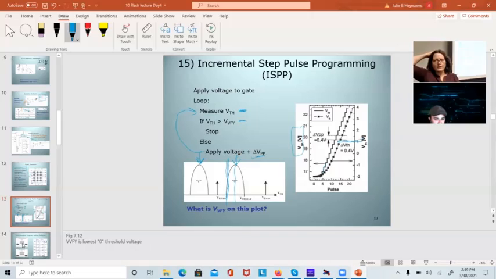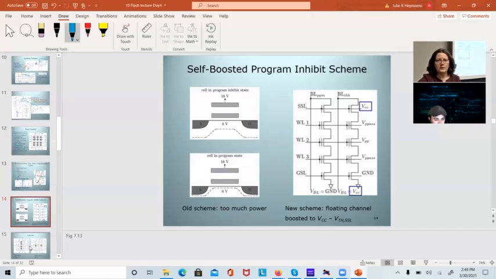It takes a long time, and this is part of the reason why Flash takes so long to write to. Now, the reason why I want to do this is because I want a high level of accuracy in what the actual threshold shift is for each and every single one of these devices, especially when I go to, no, that's not here yet.